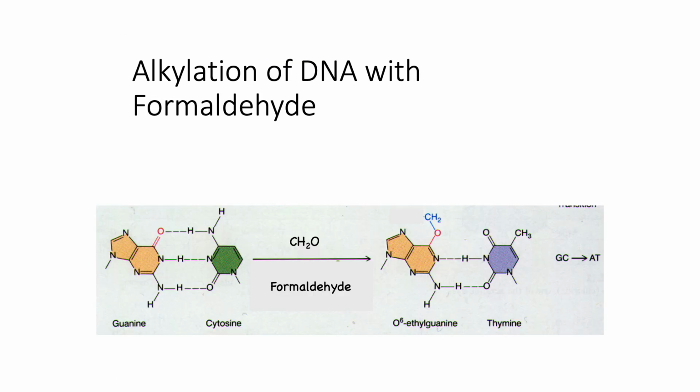Okay, another type of alteration that we get is alkylation of the DNA, and formaldehyde is the alkylating agent, with one carbon. And so again, this can change the base pairing. And this is one of the reasons why you want to stay away from formaldehyde.